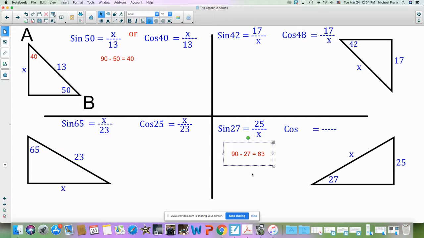And therefore, the cosine of 63 will be equal to the adjacent over the hypotenuse. So you can see that for every trig problem we're using sine, you can also use the cosine of the complementary angle to do exactly the same thing. So there's more than one way to get the same answer.